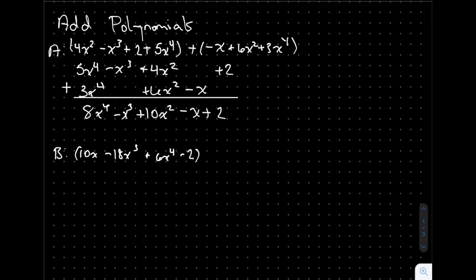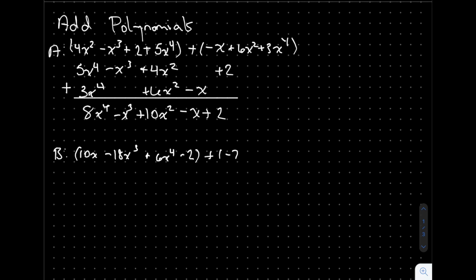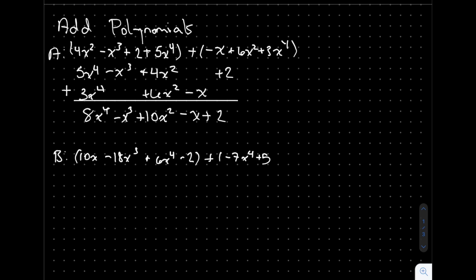And to this polynomial, I want to add negative 7x to the fourth plus 5 plus x plus 2x cubed. We could add them together vertically, or instead we'll add them together horizontally. We'll rewrite each one in standard form, we'll identify all of our like terms, and then we'll just combine our like terms.